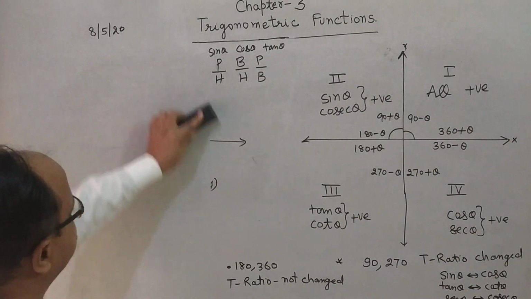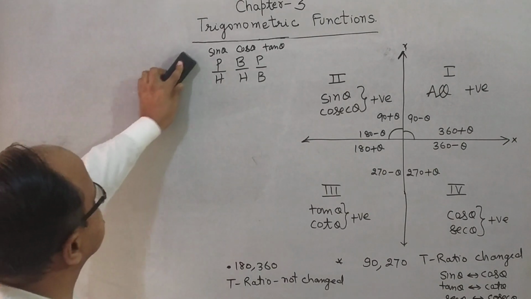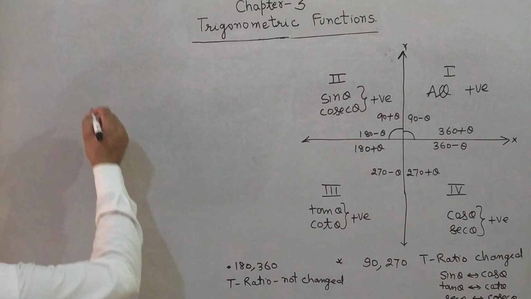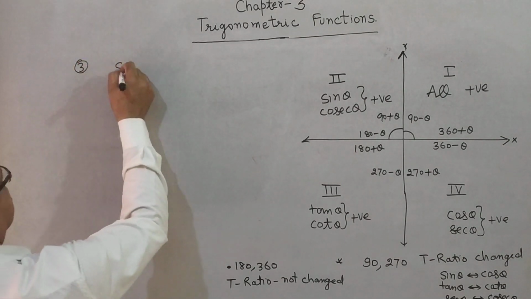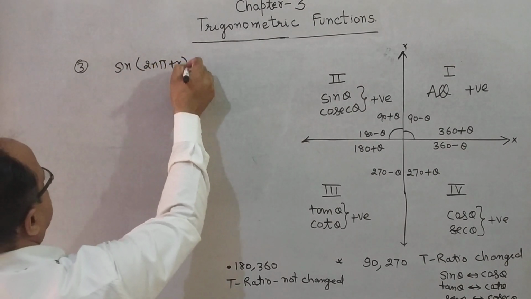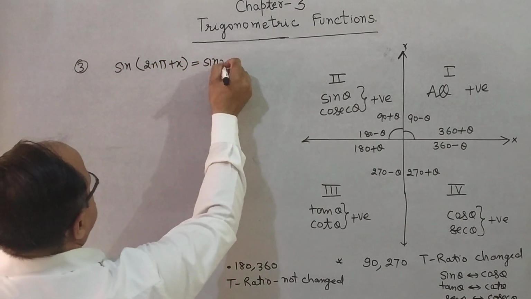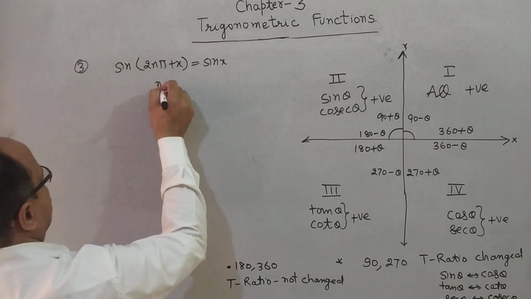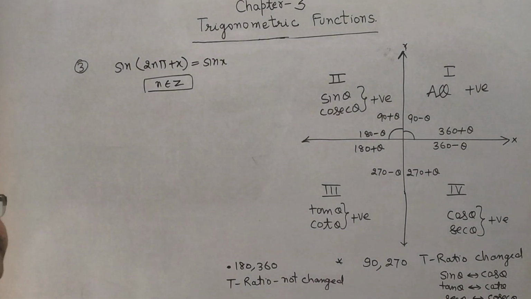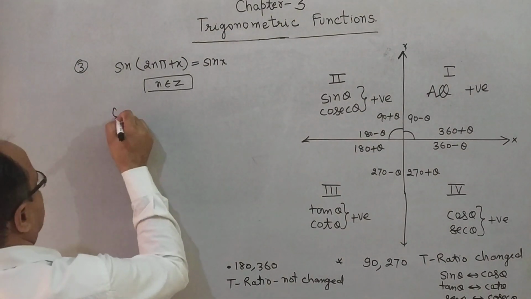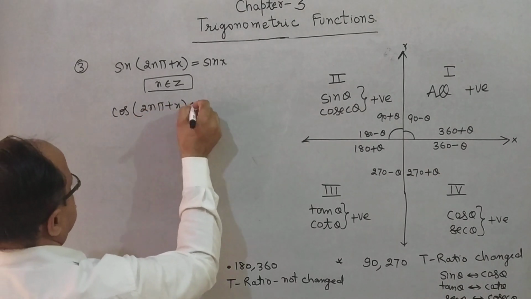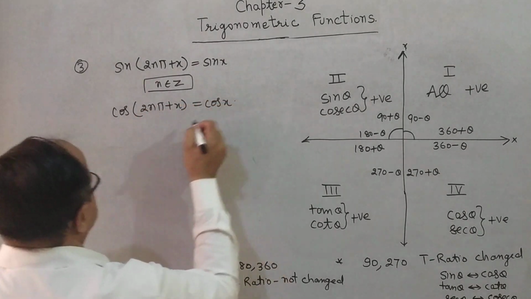Next, we learn the third formula: sine of 2n pi plus x is equal to sine x. In this formula, n belongs to Z. Cos of 2n pi plus x, that is also cos x.